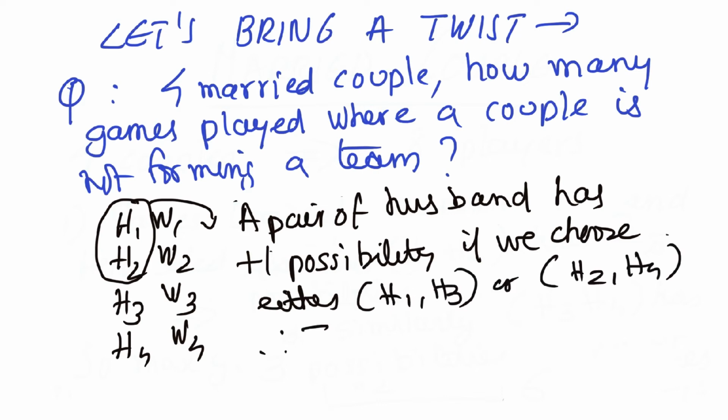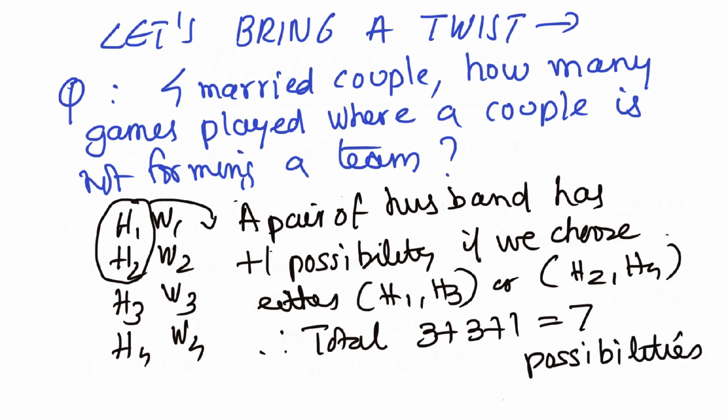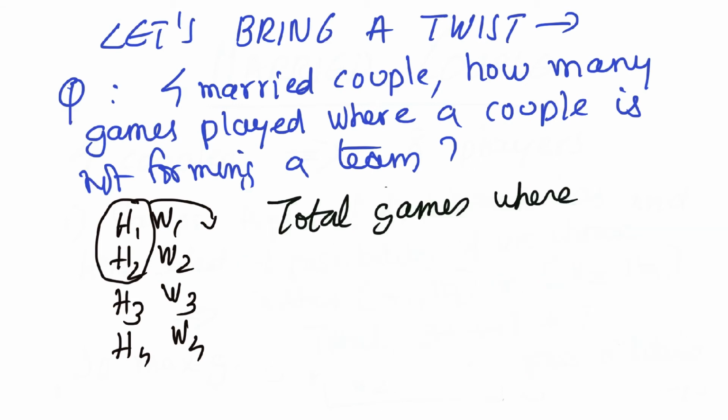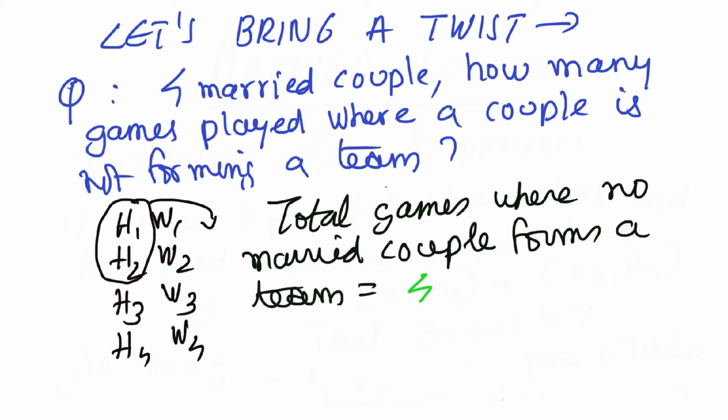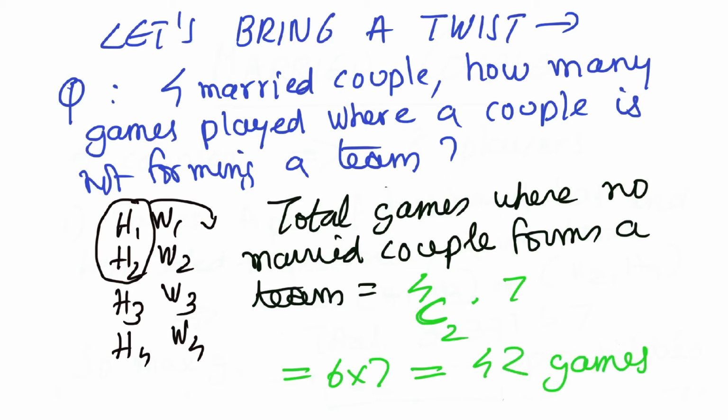So in total there is 3 plus 3 plus 1, that is 6 plus 1, that is 7 possibilities, and multiplying that with 6, that is 4C2 times 7. So here 7 times 6, so there will be 42 games where the husband and wife don't form a team.